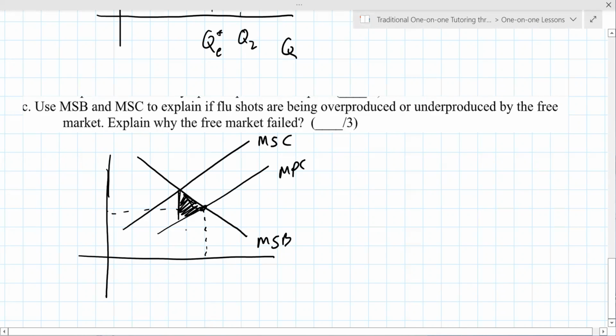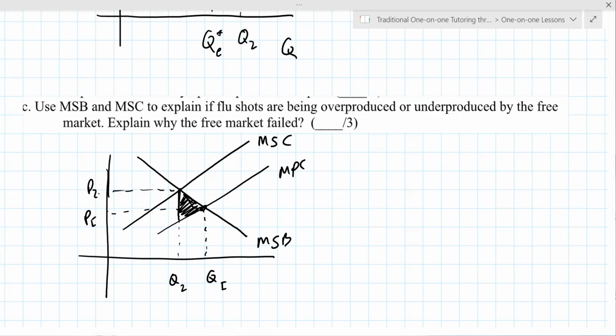Where it should be for the social benefit, we'll call this QE and PE, and then Q2 and P2 represent where it would be for the best social case, but unfortunately it's not where the market wants to be.